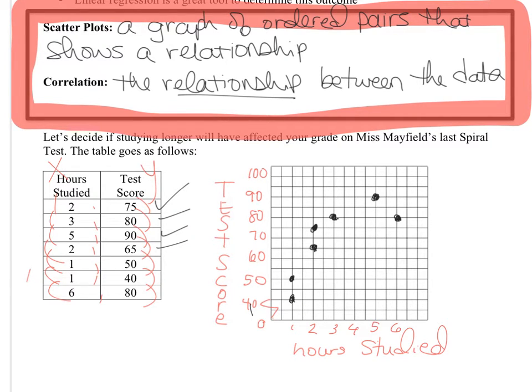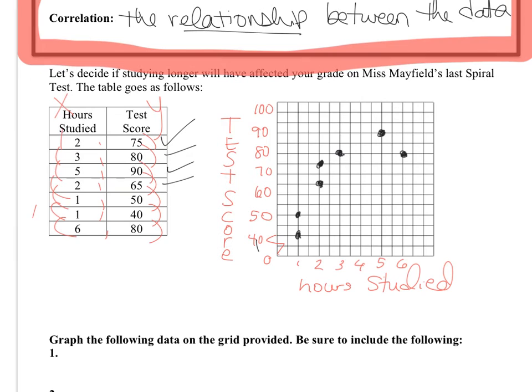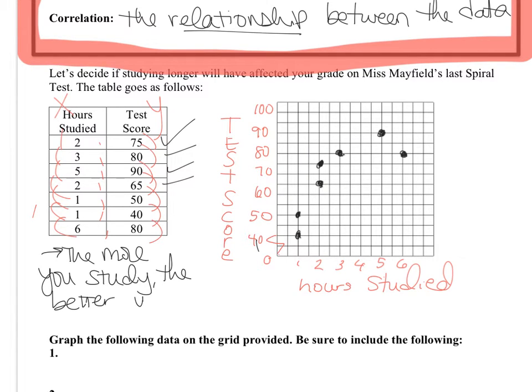But generally, what this data is telling me is that on average, the more hours I study, the better my test score. So if I wanted to write a conclusion, I would write over here, my conclusion: the more you study, the better your test scores are.